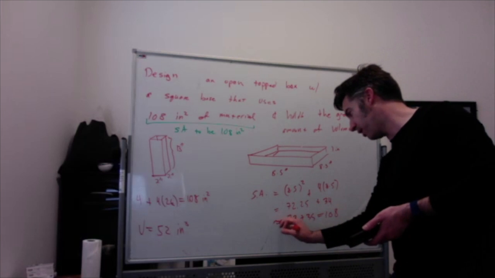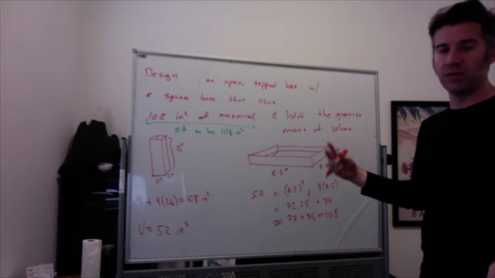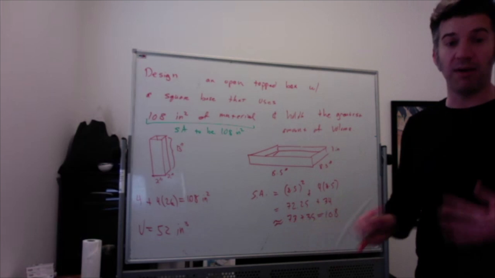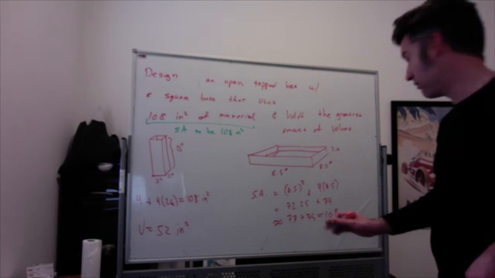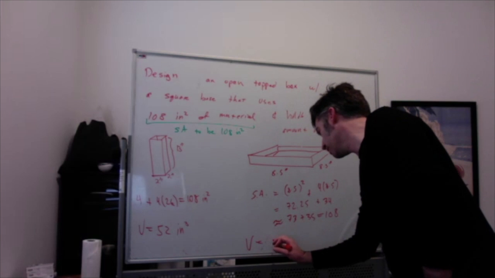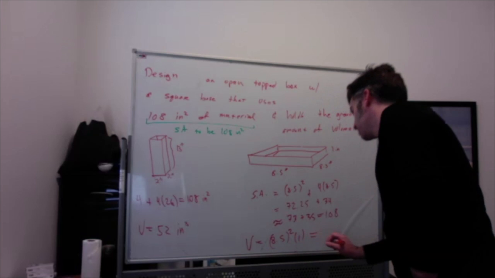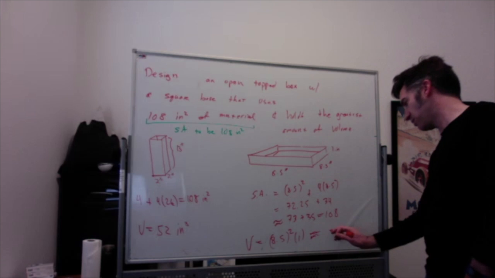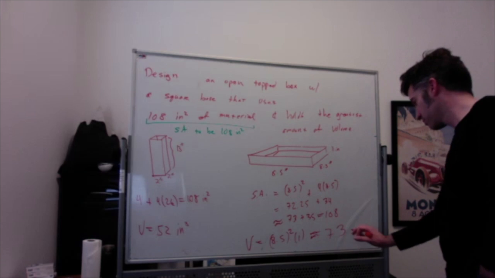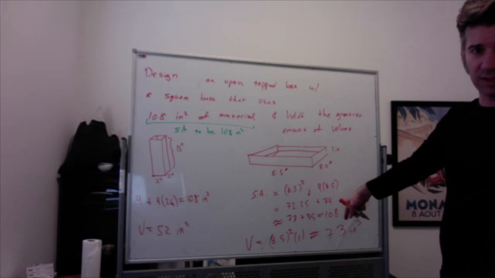The point being that this box, which is using about the same amount of surface area, about the same amount of material, holds a vastly different volume. The volume here is 8.5 squared times 1, which is approximately 73. So 52 cubic inches, 73 cubic inches.